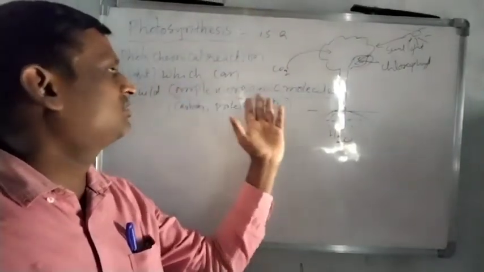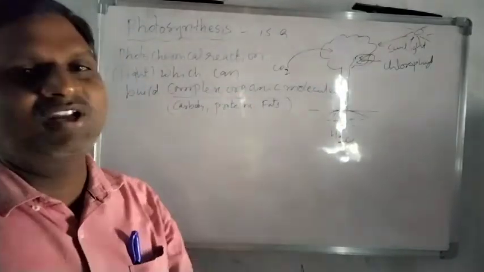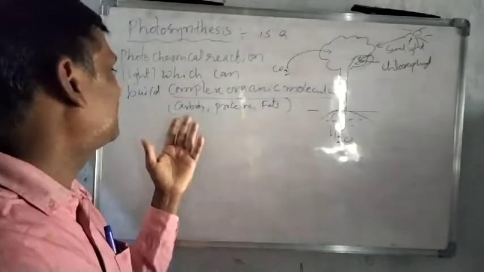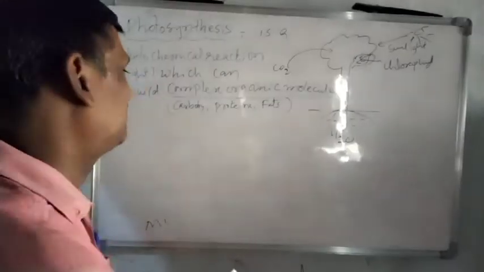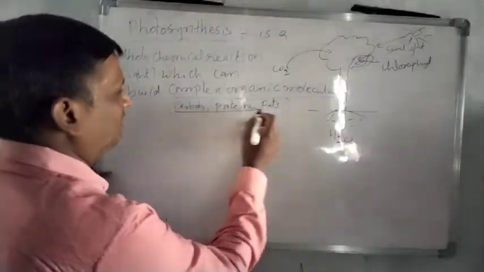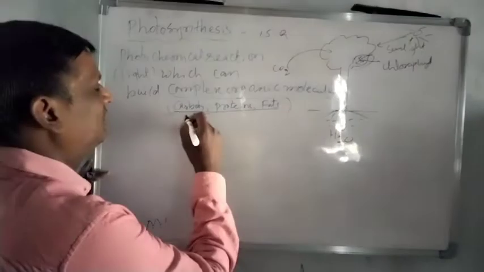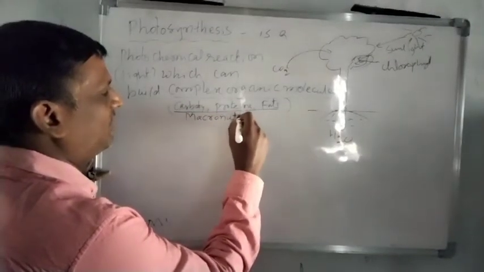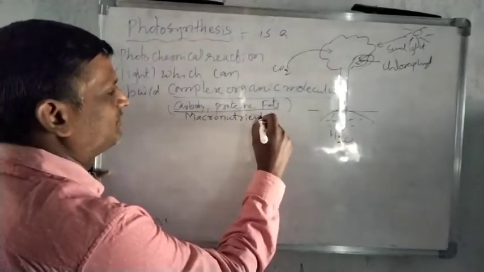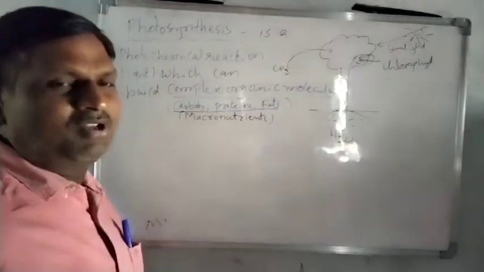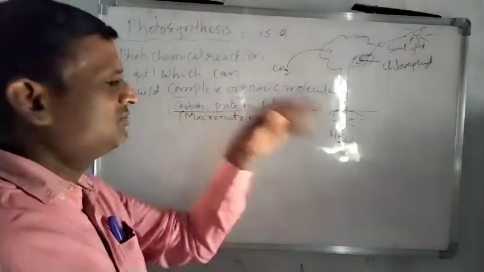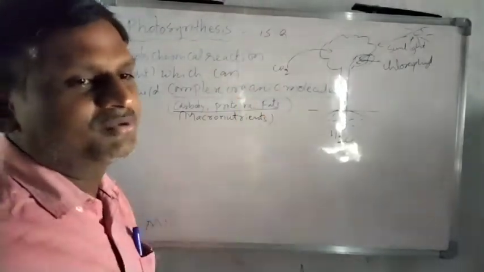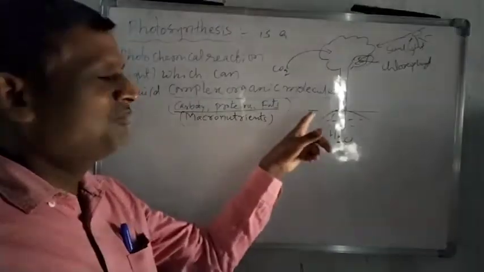In this process, photosynthesis builds up complex organic molecules, either carbohydrates, proteins, or fats. These three are macronutrients. We can divide nutrients into two types: macronutrients and micronutrients.